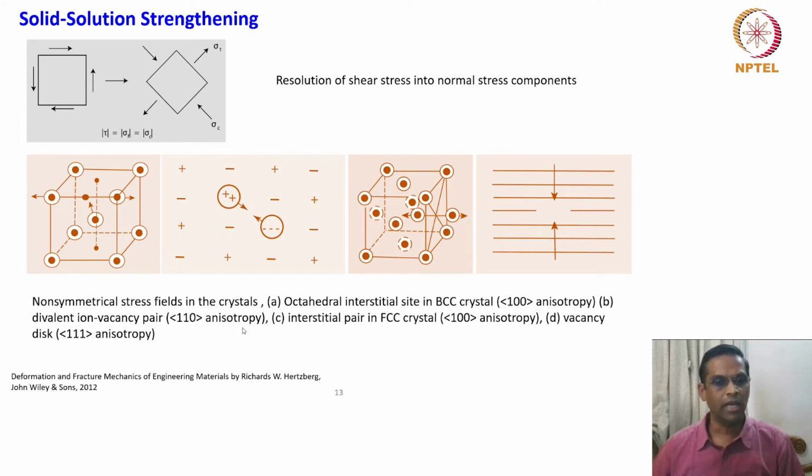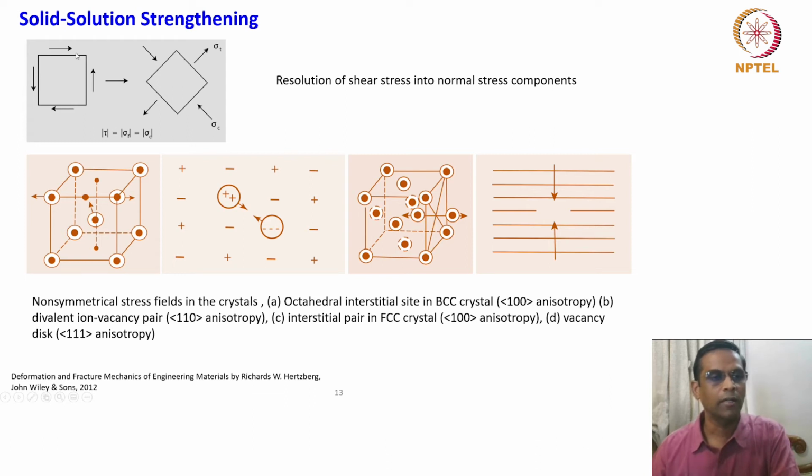What is shown in this slide is, first of all, the top image shows the resolution of shear stress into normal stress components. Since we are going to talk about the stress field around the dislocations and the other solute atom stress fields, this is quite significant.